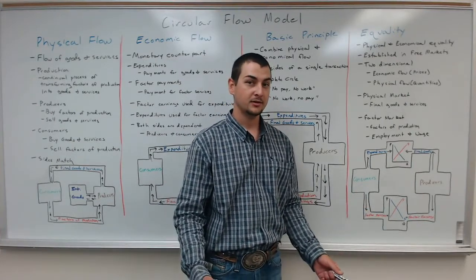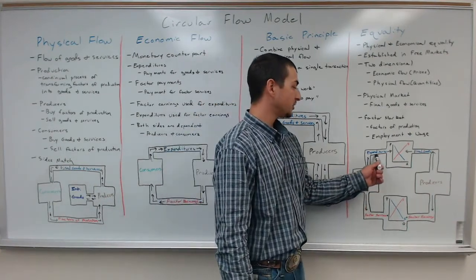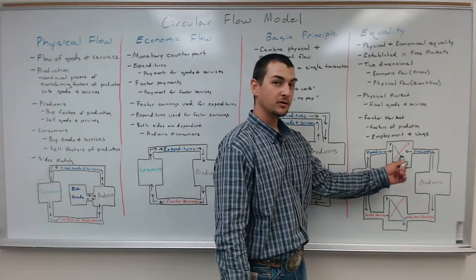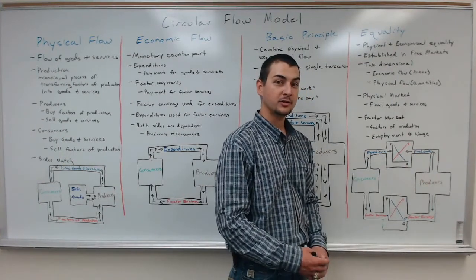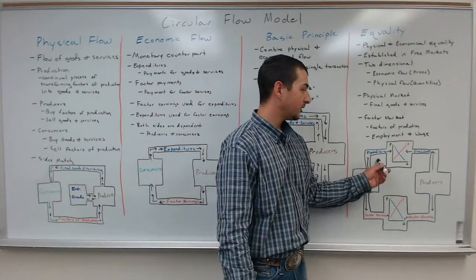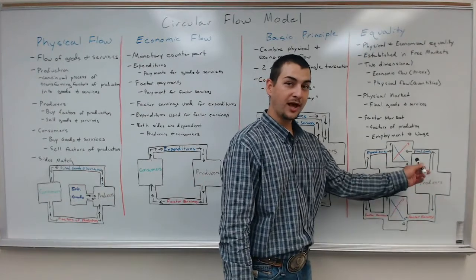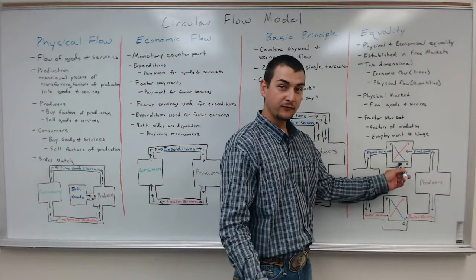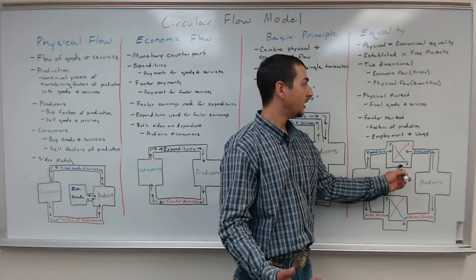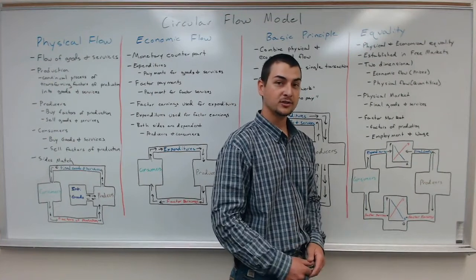So whenever we actually look at this graph, we see that consumers put their expenditures in here and producers put their final goods and services back into this market. And we have the demand for these final goods and services from the consumers, and we have the supply from the producers, and then it goes into this physical market to determine the prices of final goods and services.